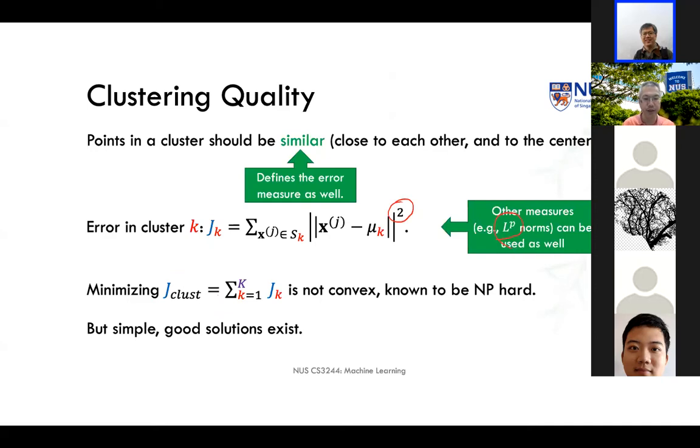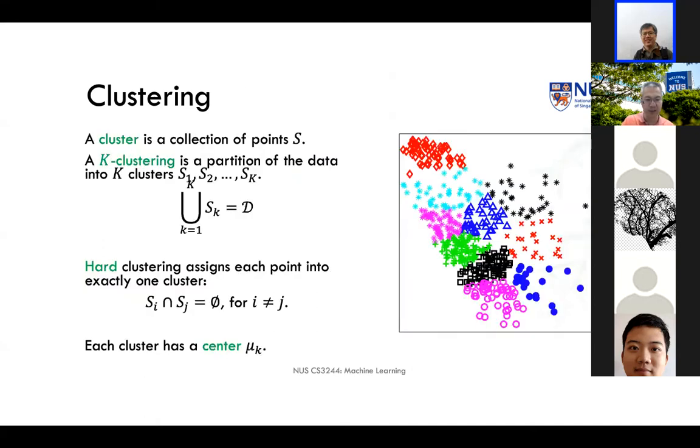You could use any other form of measurement for error, but this is the general idea. When we think about the clustering error, it's just computing these component ones over the entire data set. Minimizing this is a greedy problem. Why is that? Because this is a hard clustering assignment, so things can only belong to one cluster.